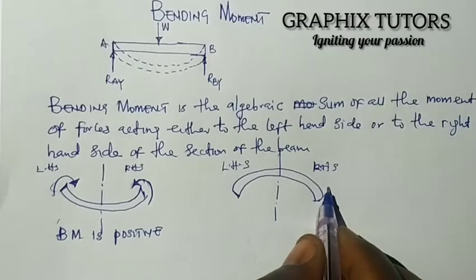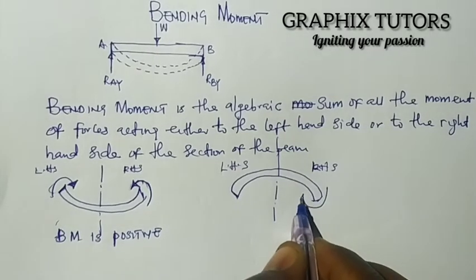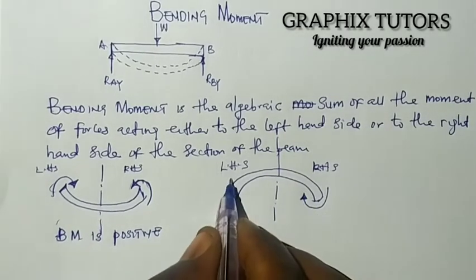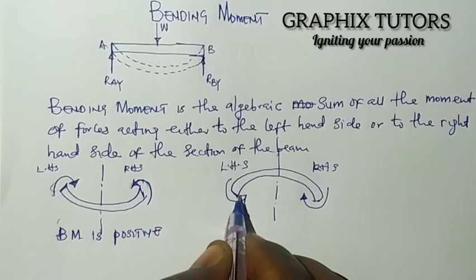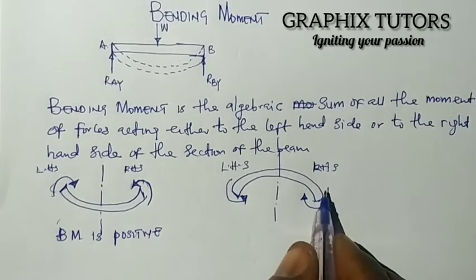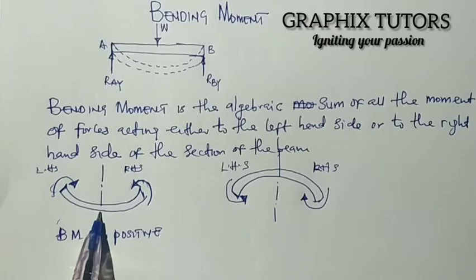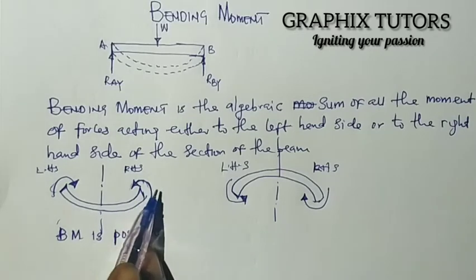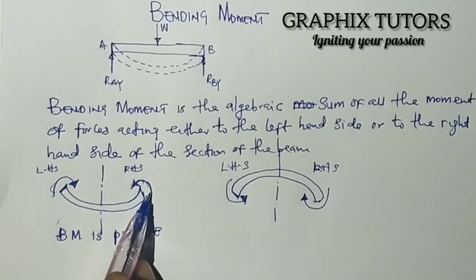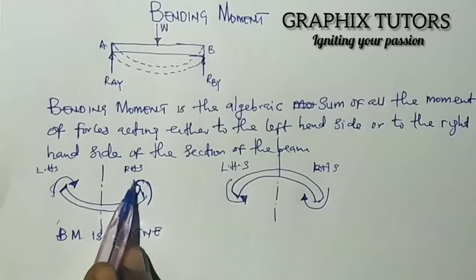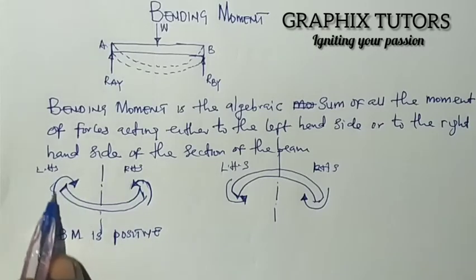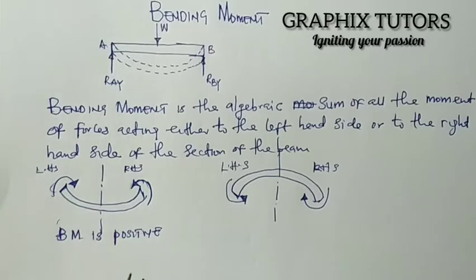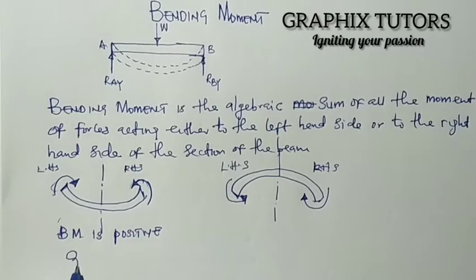So if the reaction is going inward here, in this case, when the bending moment is clockwise at the right hand side and anti-clockwise at the left hand side, you see such a beam is what? Is sagging.